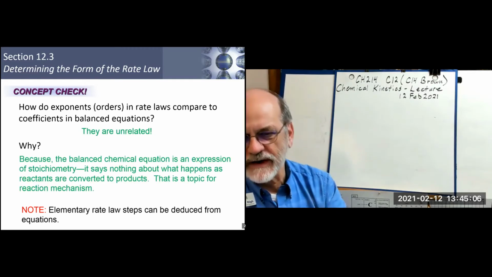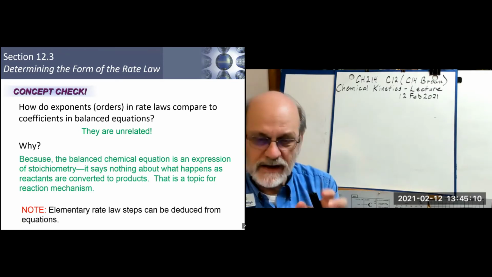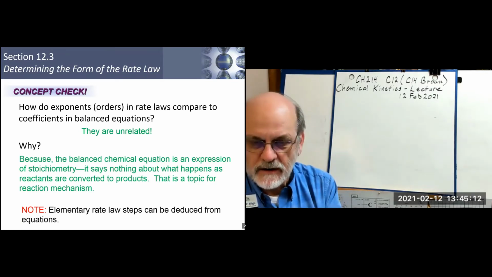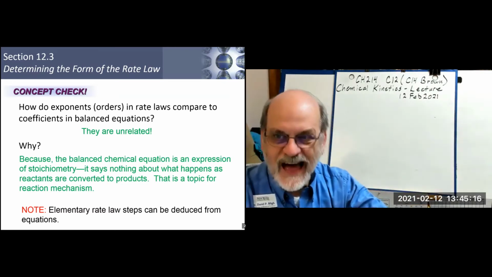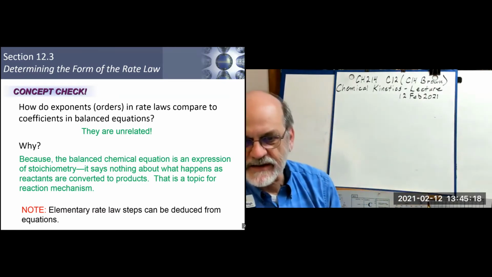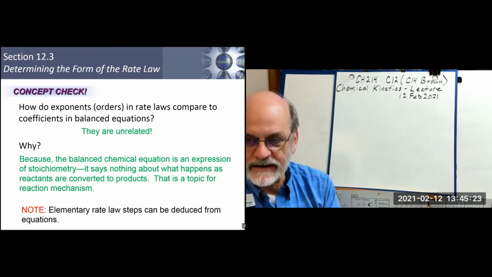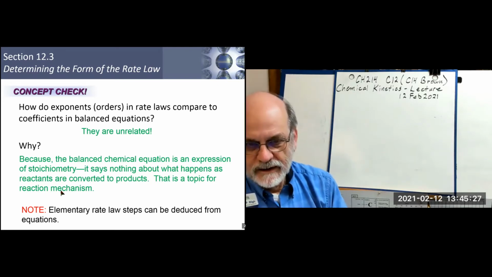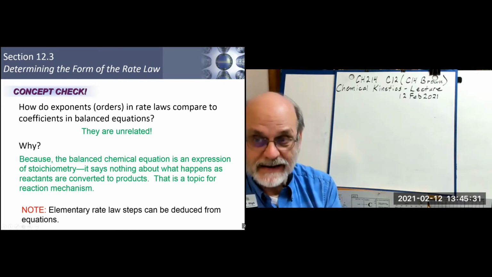And this is sort of an explanation. The balanced chemical equation is really an expression of stoichiometry. That is, you've got so much of this, you should expect to end up with so much of that. It doesn't say how you get there, which is, in our study today, the rate at which it happens. And that is dependent upon the mechanism.